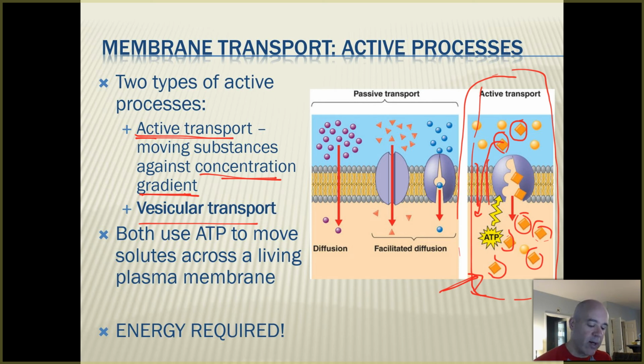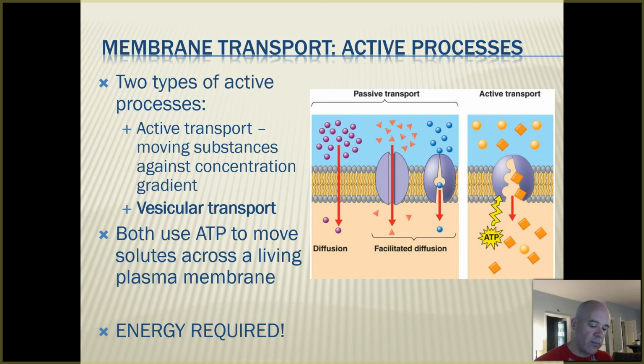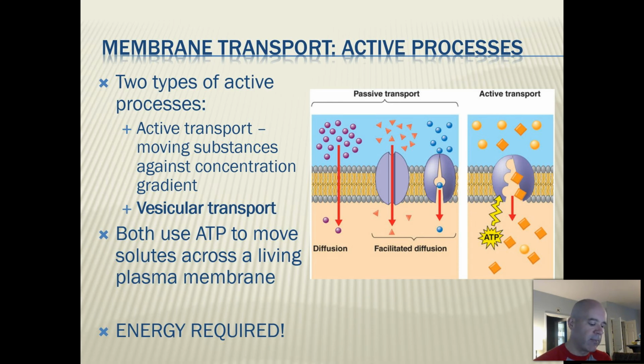So with active transport, these solutes are being captured over here on this side, and then that carrier is opening up like a gate and allowing those solutes to move into the intracellular fluid, forcing them inside, and ATP is being used as a source of energy to make that happen.